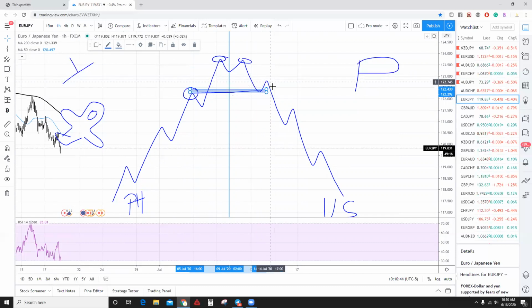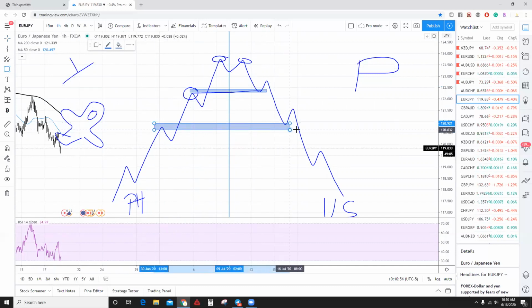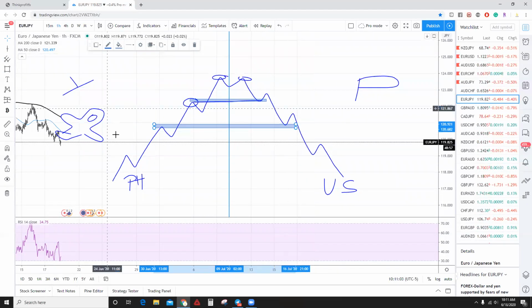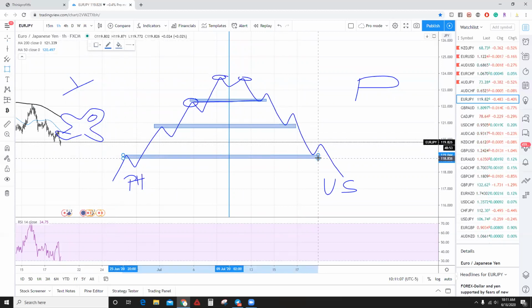Parang magba-bounce back talaga yan. So, another one. Yung airplano pababa, landing na yan. Tingnan mo dito. See?